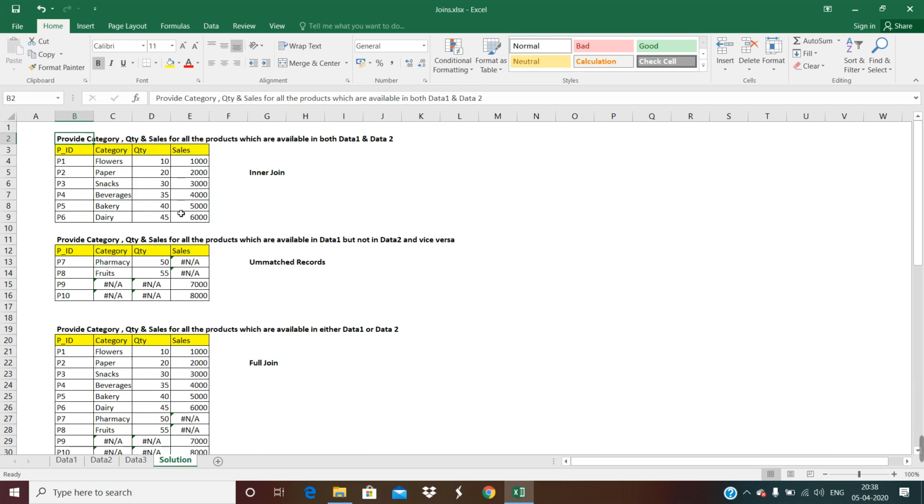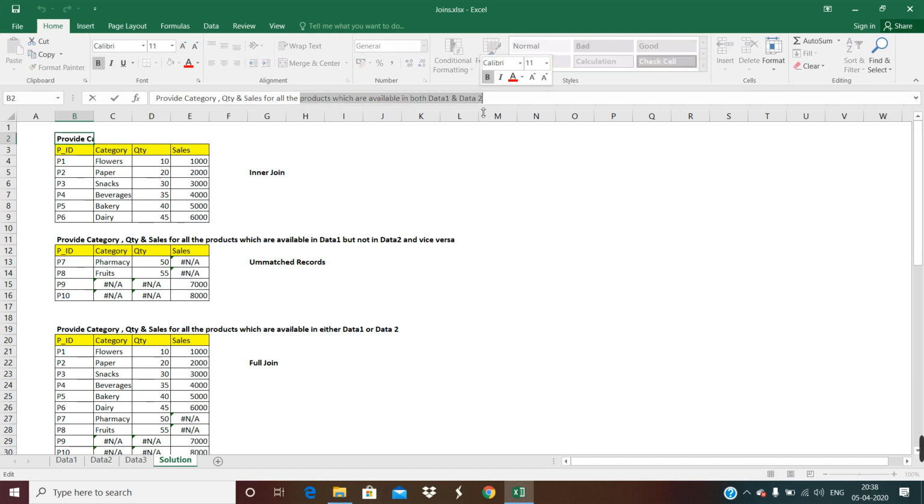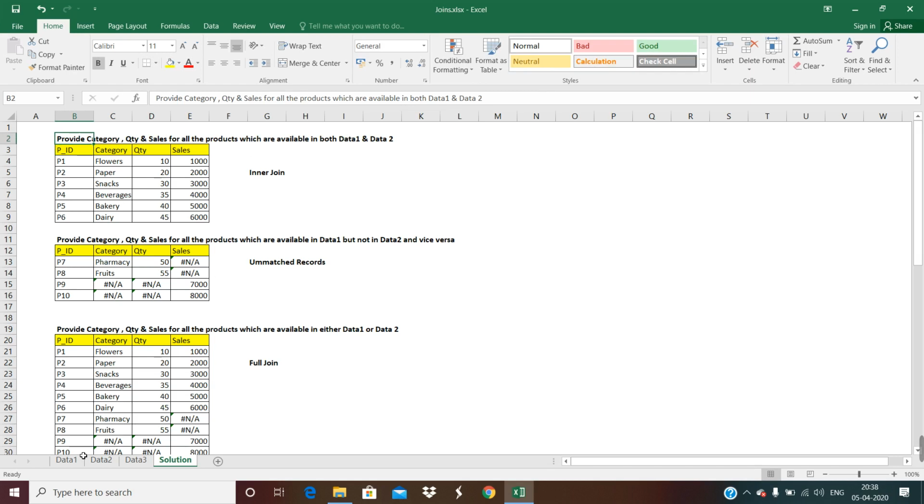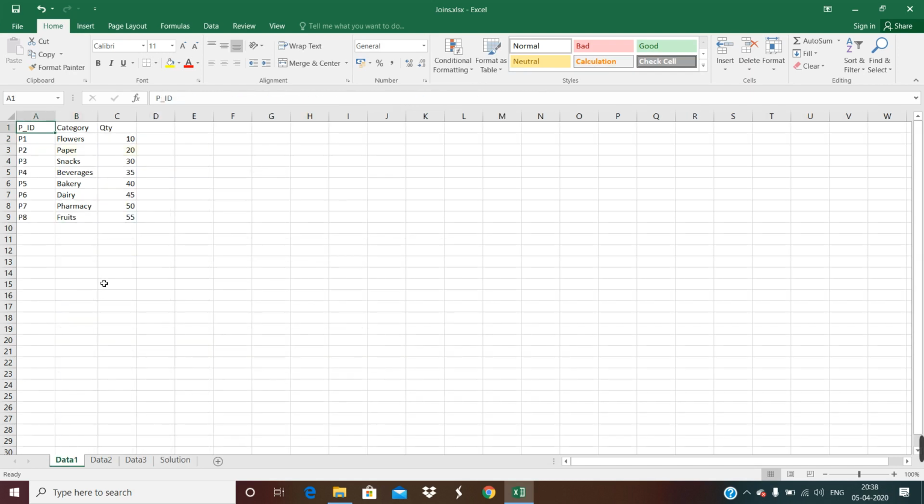So the first question we have to answer is: provide category, quantity, and sales for all the products which are available in both Data 1 and Data 2. So we want the entire information, but only for those products which are available in both Data 1 and Data 2. So ideally, we have to figure out which are those products which are common in both.